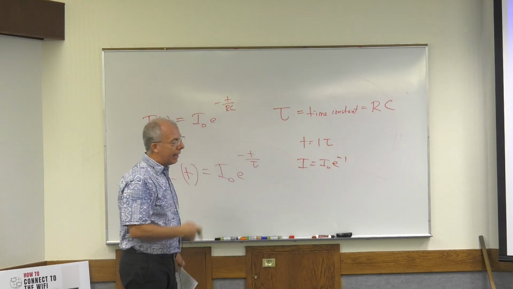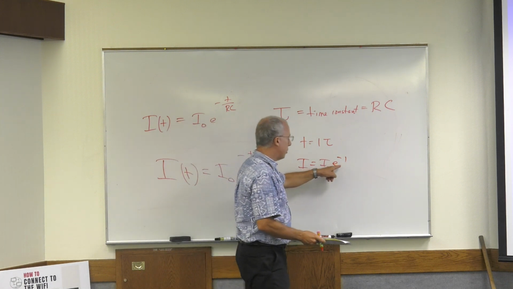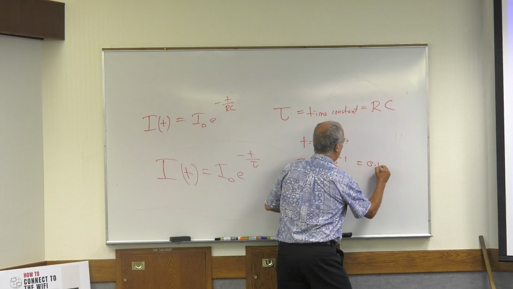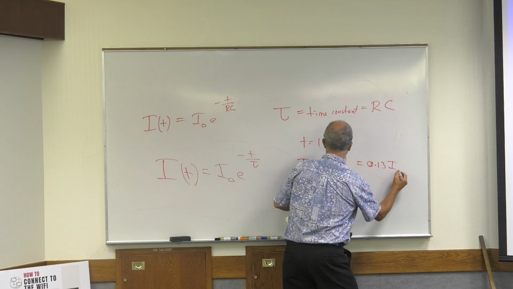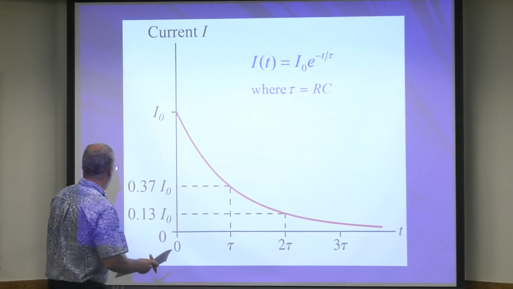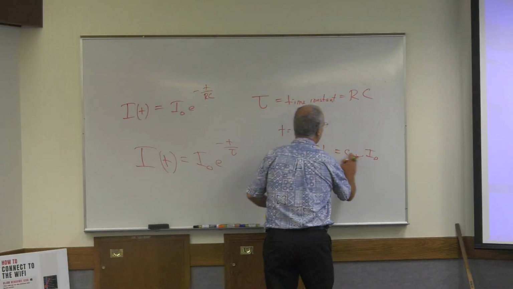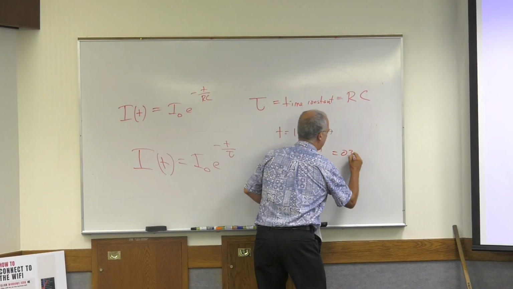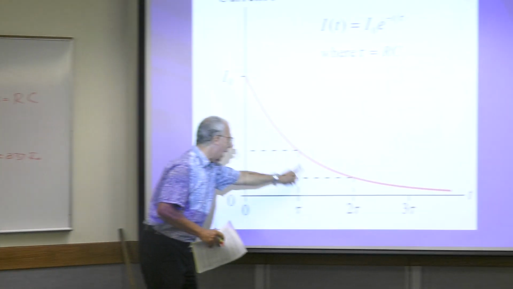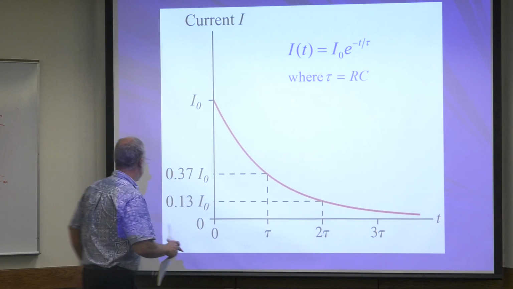Well, people that do math a lot know that e to the minus 1 is 0.13. All right? So this is 0.13 I0. Sorry, 0.37. So at 1 tau, it's just 0.37.